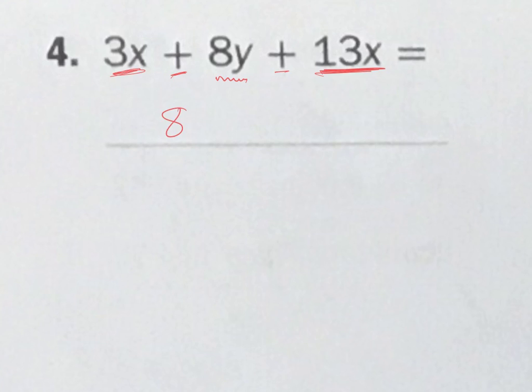So I'm just going to bring those down, 8y, plus, I'm going to put my x's together. 3x here plus 13x here gives me 16 x's. So that is simple form. You could also go 16x plus 8y. And we know that'll work because of the commutative property.